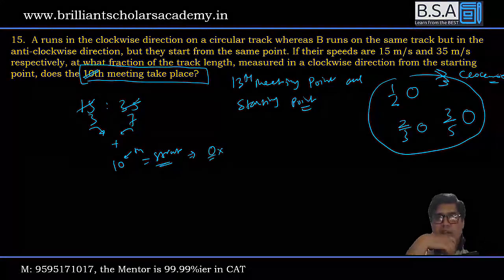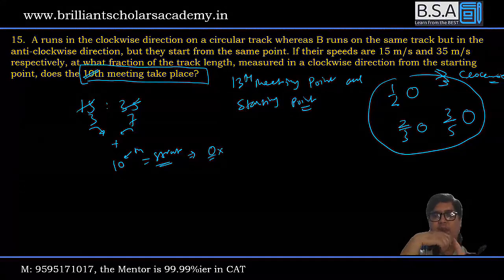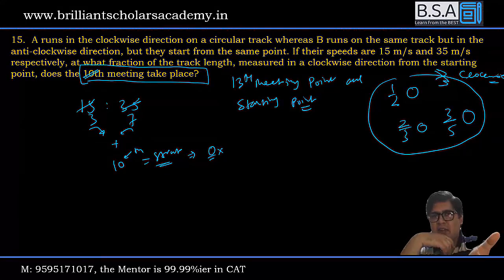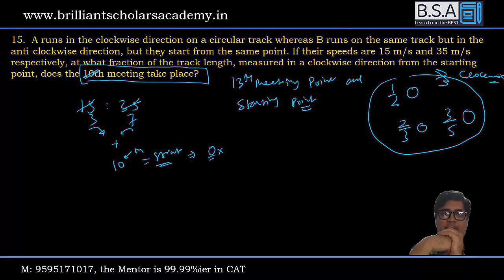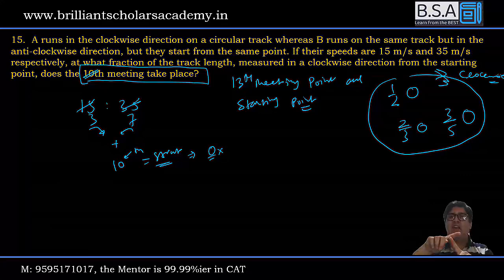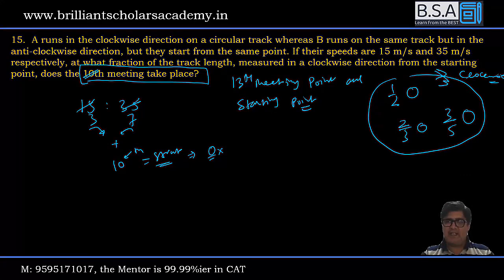In the given question, the 10th meeting point is the starting point, so there is no question of solving further. 10th meeting point and starting point has no gap, 0 gap. But for the 13th meeting point, what fraction of length is there measured in the clockwise direction?